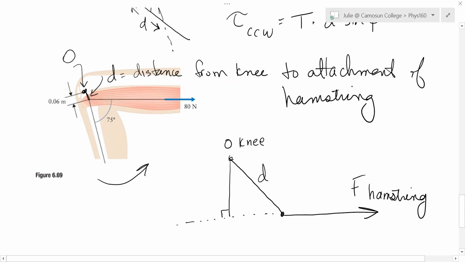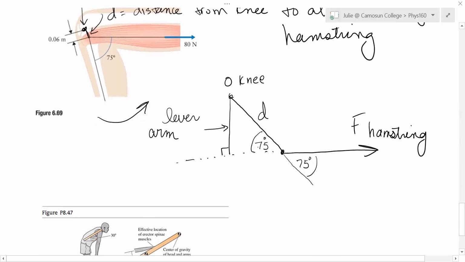And now which angle is which? When I go like this is 75, which means this must be 75. And this is the lever arm, the perpendicular distance. And that lever arm is opposite the 75. And so this lever arm would equal D sine 75. And the D is the 0.06 meters. Okay, so that would be L, I guess, for lever arm.